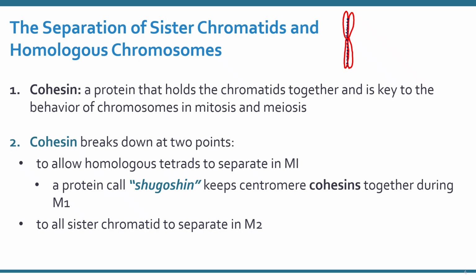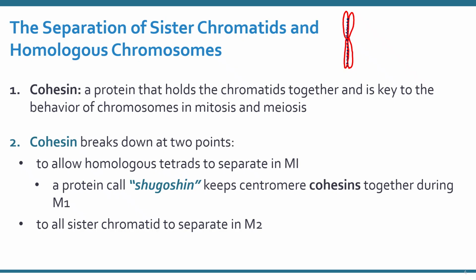And we have a couple of proteins that are involved in this process. So the first is cohesin. Cohesin is a ring-shaped protein that is going to hold these chromatids together. And this is important in keeping those chromosomes together so that they separate correctly.